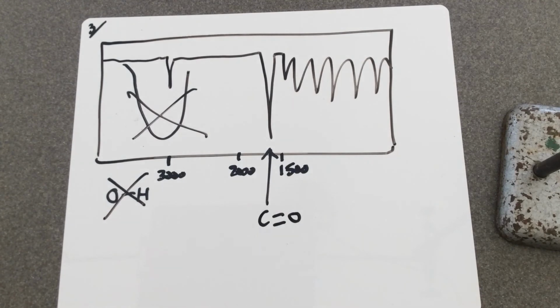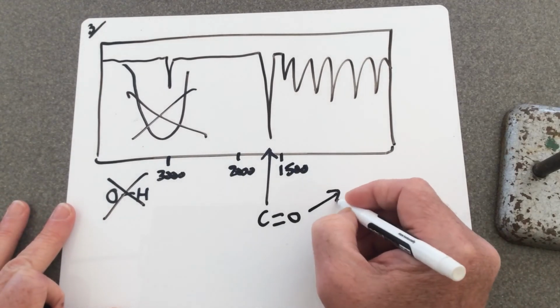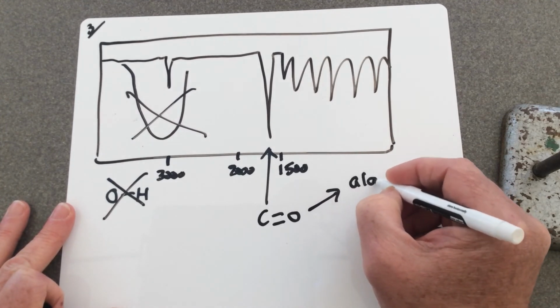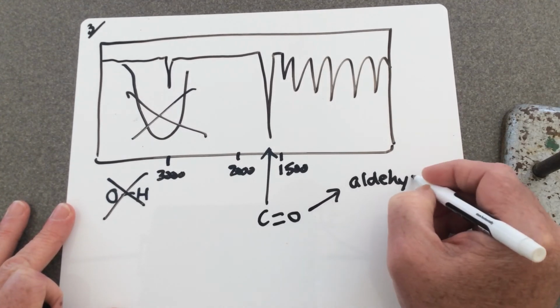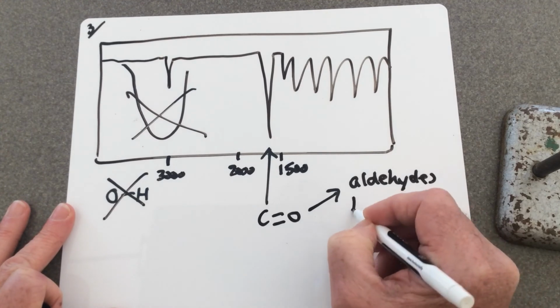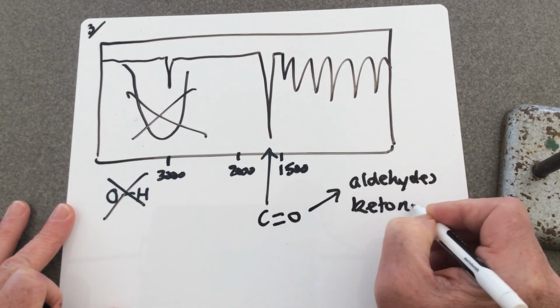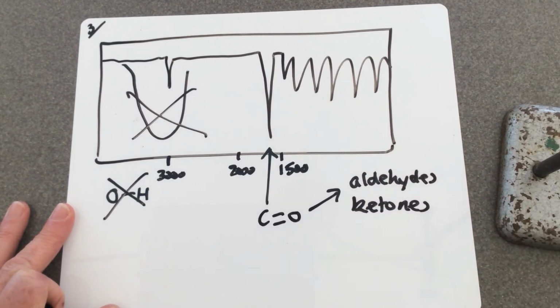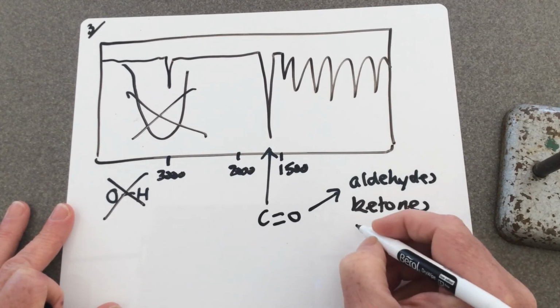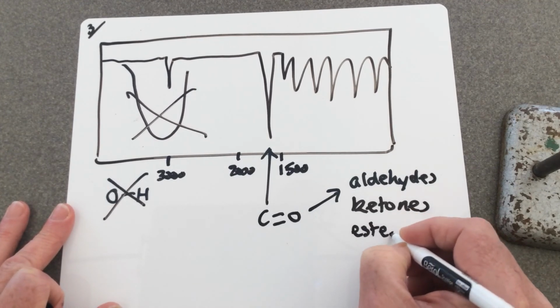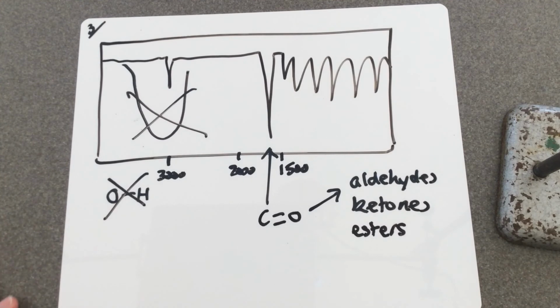So what type of compound might I have? Well, I know, and hopefully you know too, we could be talking about aldehydes. We could be talking about ketones. We could be talking about a group of compounds called esters. That's something that we look at when we're in year 13.